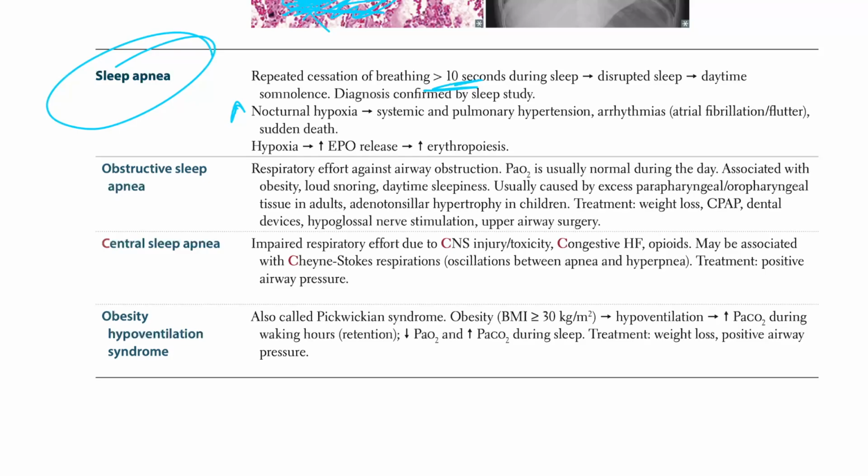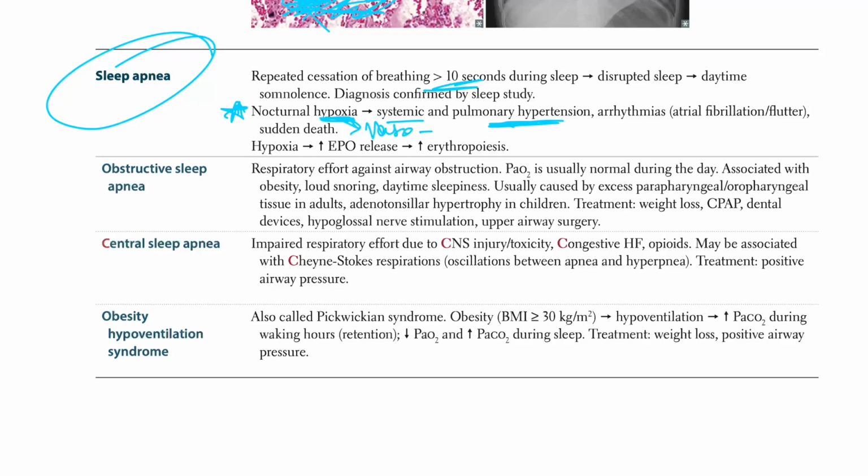Nocturnal hypoxia leads to systemic and pulmonary hypertension. So in the night, you're going to have hypoxia, and with hypoxia you will have vasoconstriction.